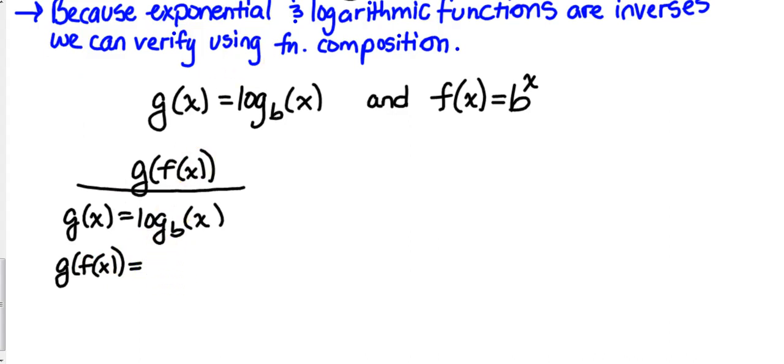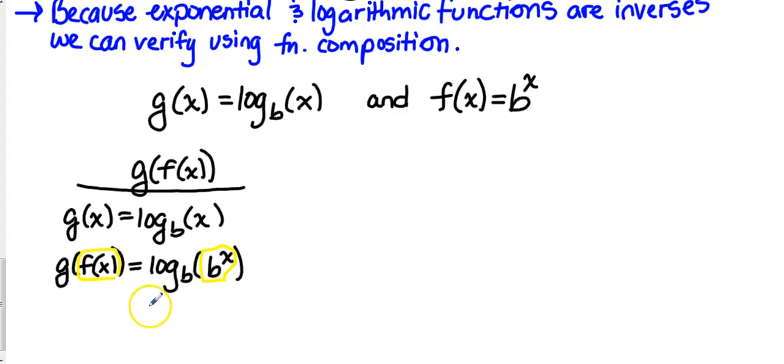If you have a highlighter, you might want to highlight that to make it stand out, just for this first step. So that will be log base b. I see x right there, so now I'm going to be plugging in b to the x, because again, f of x became the input.